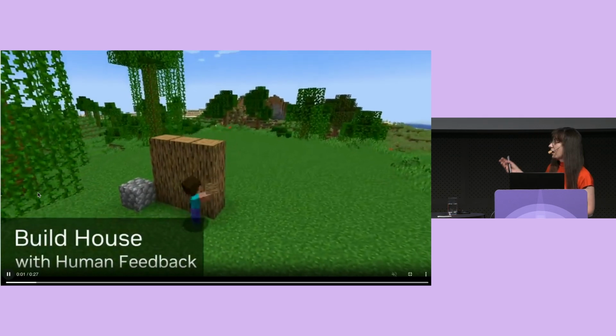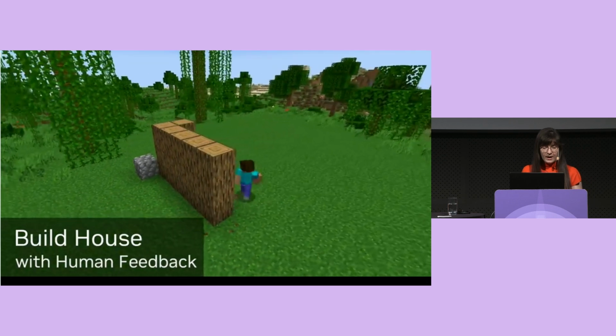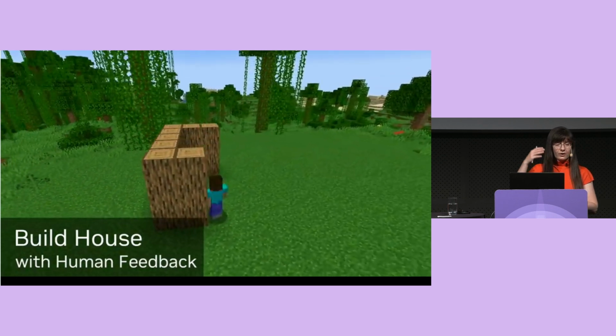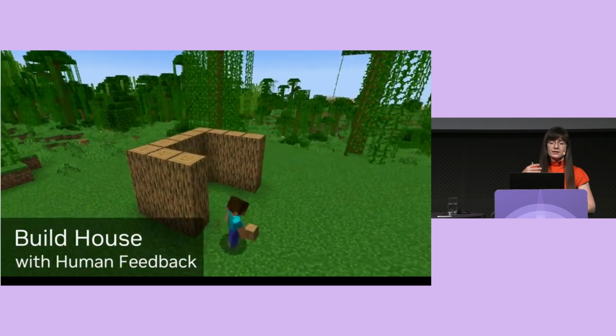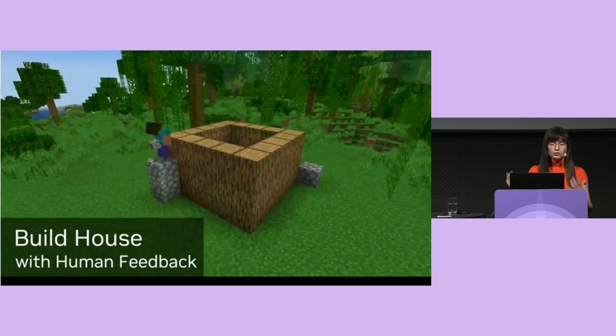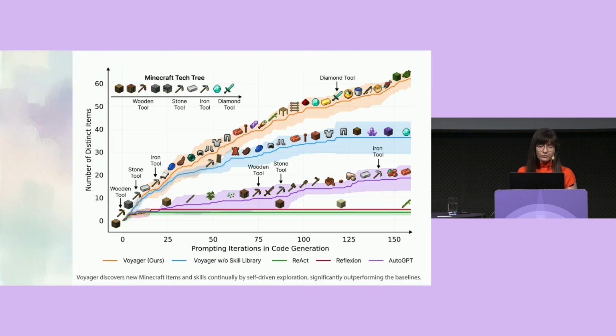Here, for example, the agent is building a house, and it constantly improves, learns new skills, and there are a lot of other tools and things that the agent can grow to.